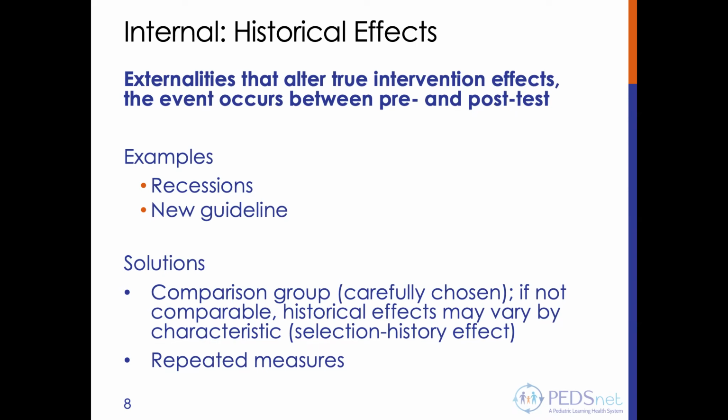You do your baseline assessment, you deliver your intervention. And then a recession hits. And recessions have profound impacts on families, on parenting, and on children's anxiety. So you may falsely conclude that the intervention had no effect because there was a historical effect that actually led to levels of anxiety to go up.